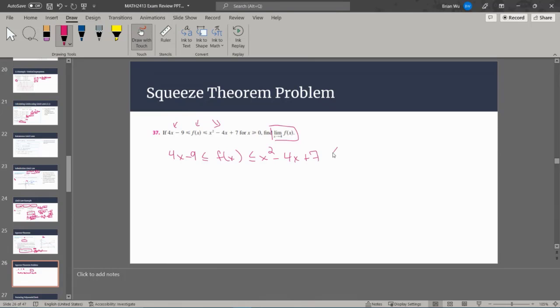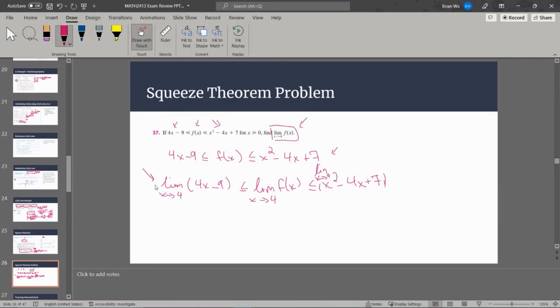If we apply the limit as x approaches 4 to all of these expressions, you'll see that the middle function now looks like what we're trying to find, even if we don't have a function necessarily for it. Oops, I should have put out the limit, which is 4 plus 7.